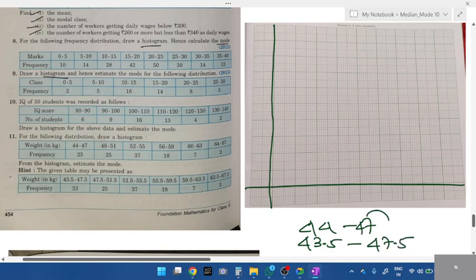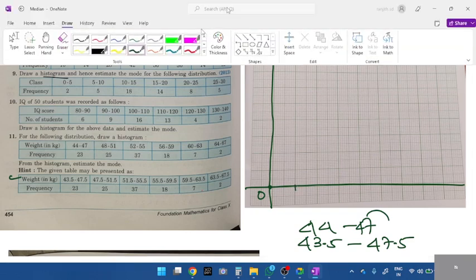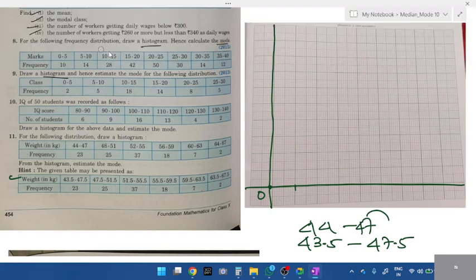Can you see that is what they've written? They've given the table. All of you will respond. Yes. So what should I take here? I should start from 43.5.